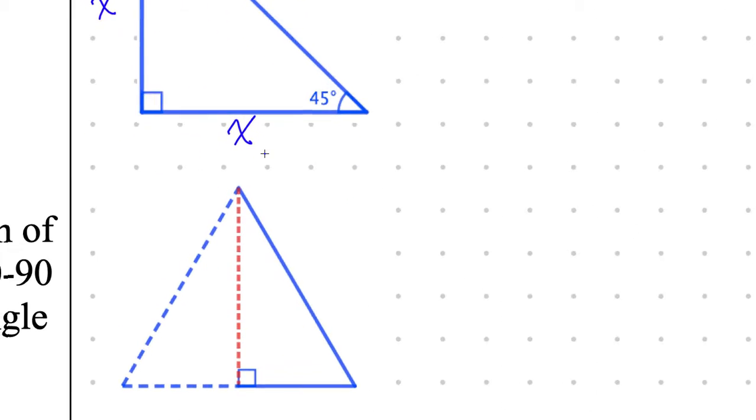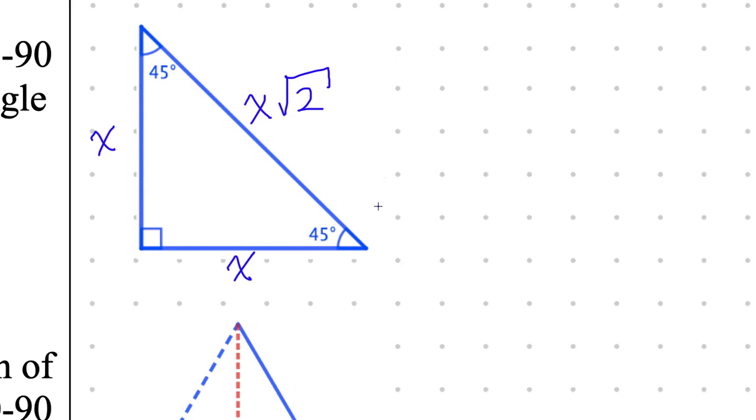Actually, before we do that, let me talk about how to manipulate this. So in order to move from x to x square root of 2, I need to multiply by what? Quiet raised hand. Nice and easy answer here. From x to x square root of 2, what am I really multiplying this x by?